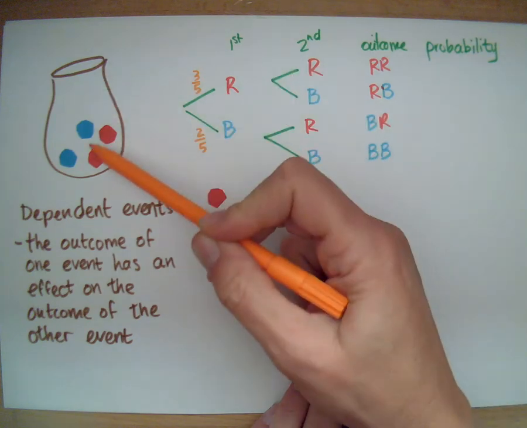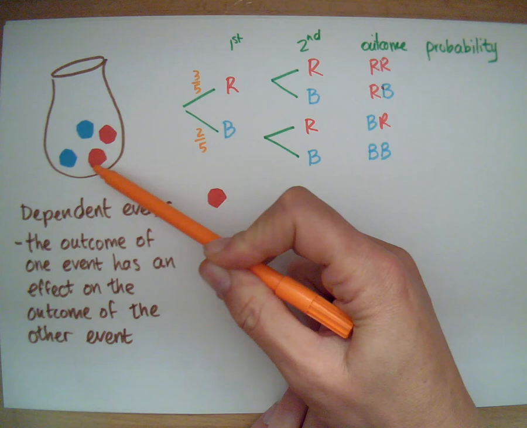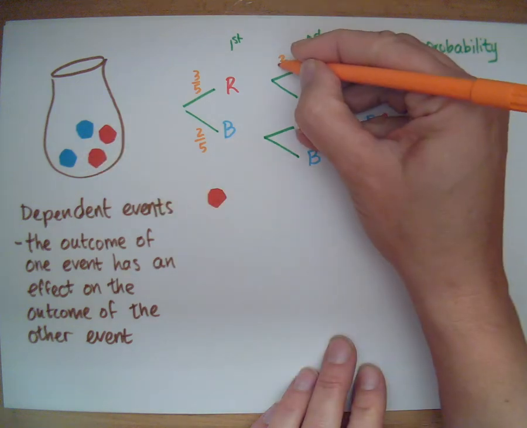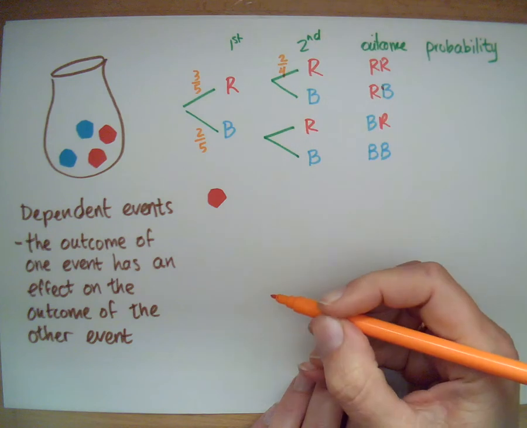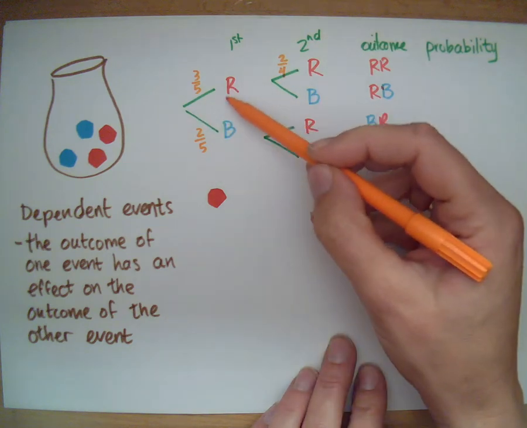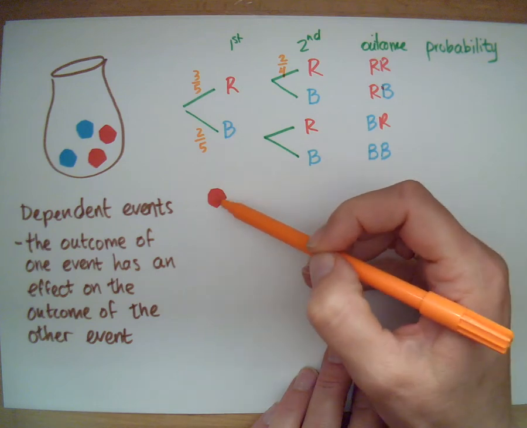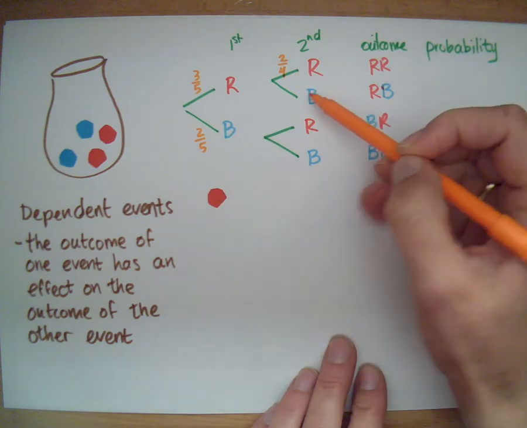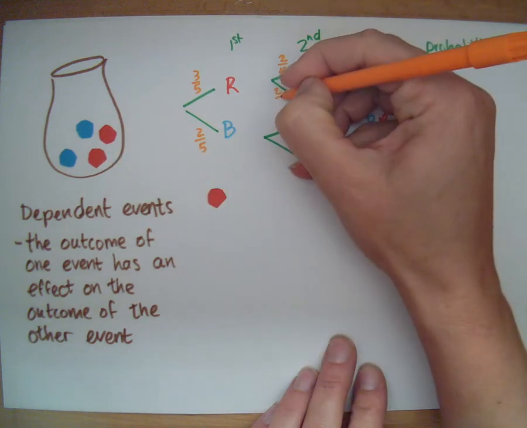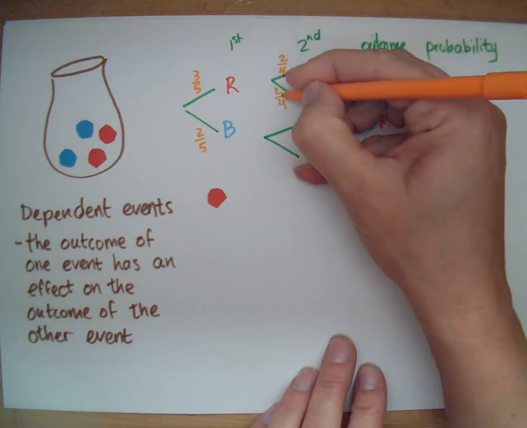Let's look at the bag and what it looks like now. There's 2 red ones out of a total of 4. So 2 out of 4 getting red again. What are the chances of getting blue after we picked out the red one and left it outside of the bag? Chances of getting blue now are 2 out of 4. Again, these add up to 1.